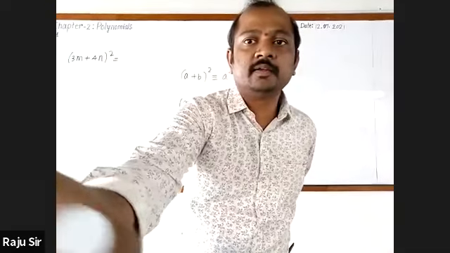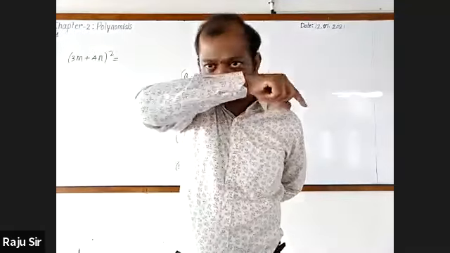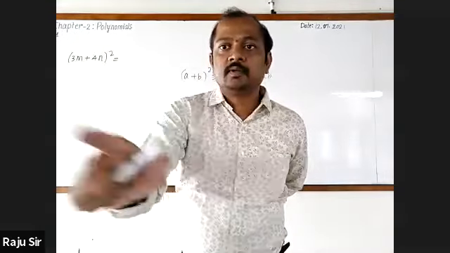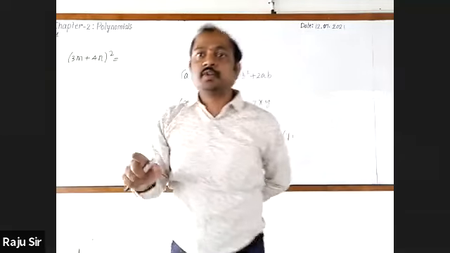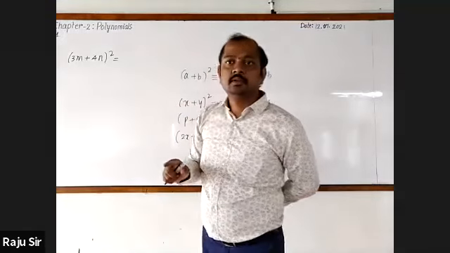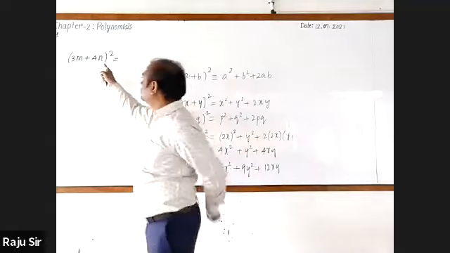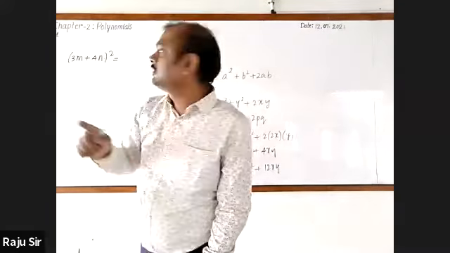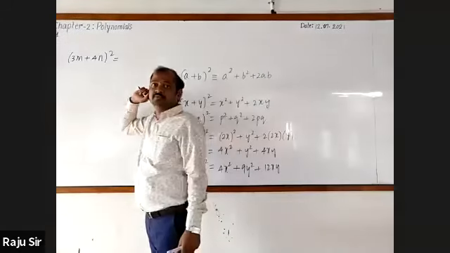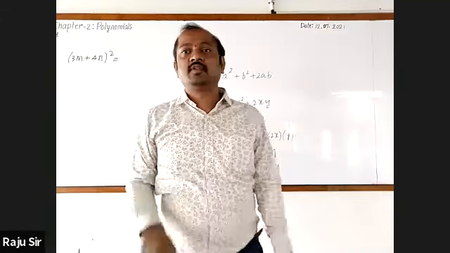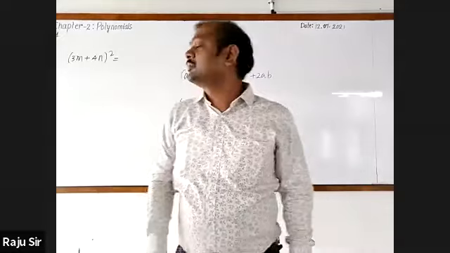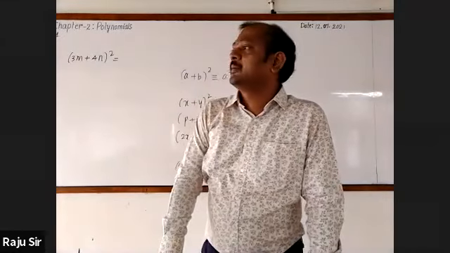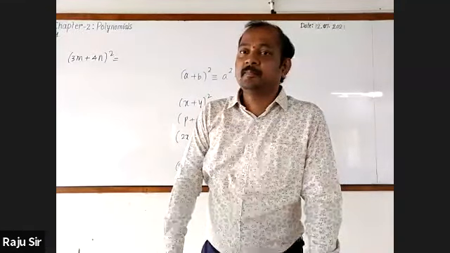Sir. Chandana, will you try? Chandana: 3m square plus 4n square plus 9m square... 3m.